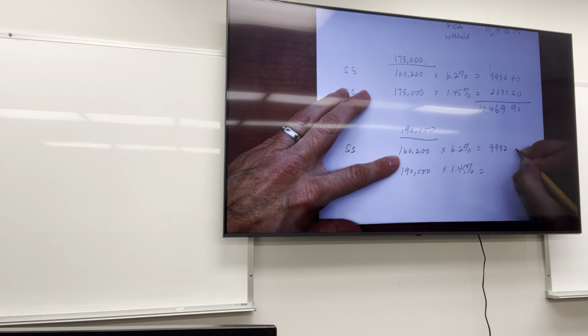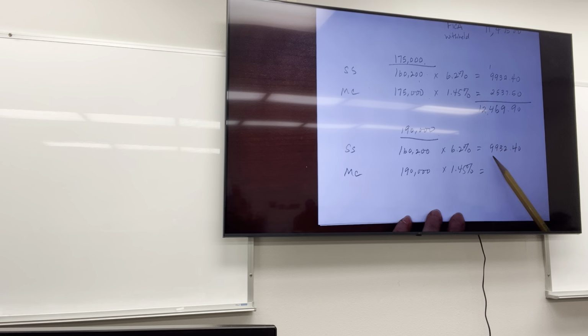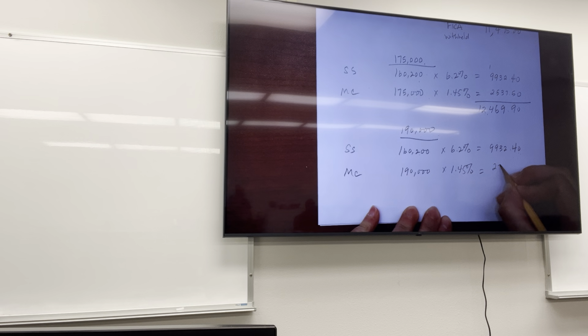So for 2023, this is the maximum amount that an individual is going to have withheld for Social Security tax. Medicare taxes, however, are going to be different. So $2,755.